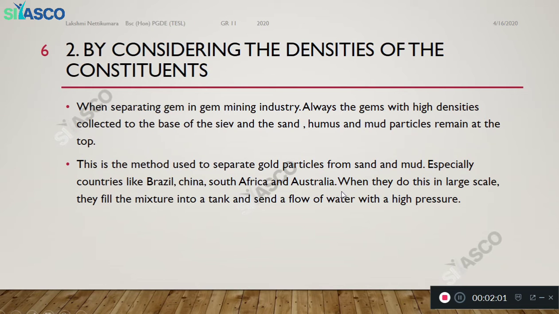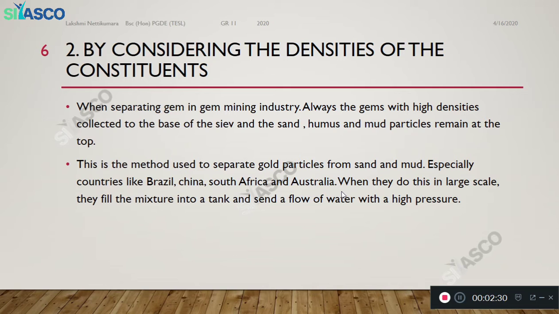The second one, here we consider the densities of the constituents, or else we can say we use the density differences. If you live in a gem mining area, for example Ratnapura, it is very common for you to see how people separate gem from sand, mud and other impurities.